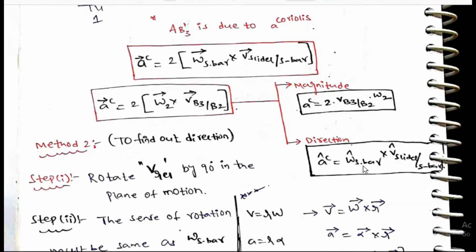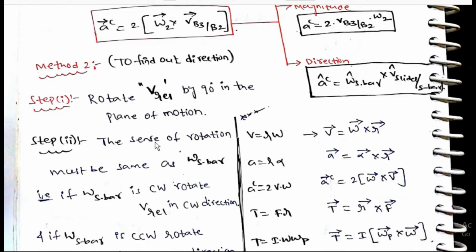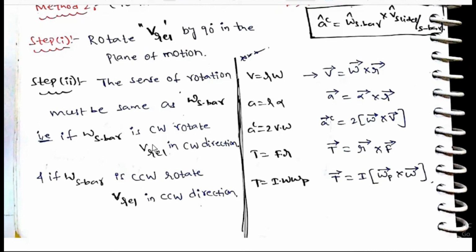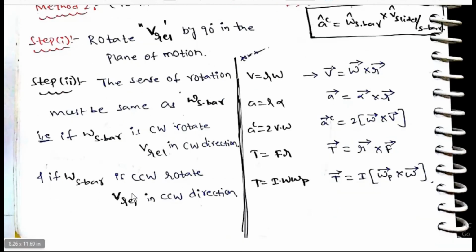Direction AC cap is equal to omega slotted bar cap cross V cap slider relative to slotted bar. To find the direction, rotate V relative by 90 degrees in plane motion. The sense of rotation must be the same as omega slotted bar. If omega slotted bar is clockwise, rotate V relative clockwise. If counterclockwise, rotate V relative counterclockwise.